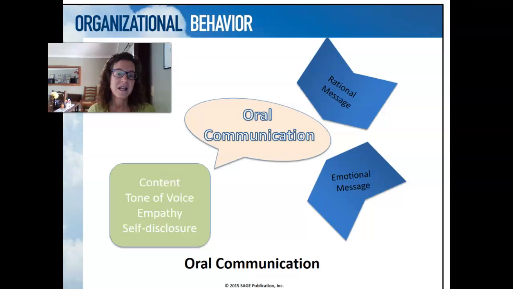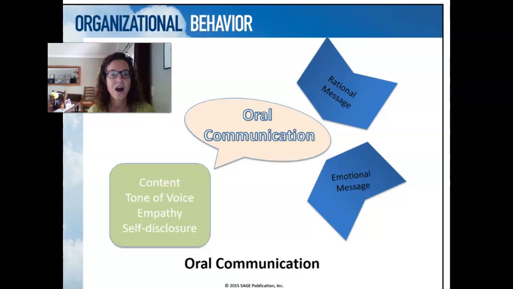Then as we descend down in the level of richness, we are likely to have phone conversations, voice conversations, or voice conference calls. Those are lower in richness. We can still have the tone of voice, but we will not see all the nonverbals. And as we go down in richness, we have letters, emails, fax, memos, newsletters, text messages.